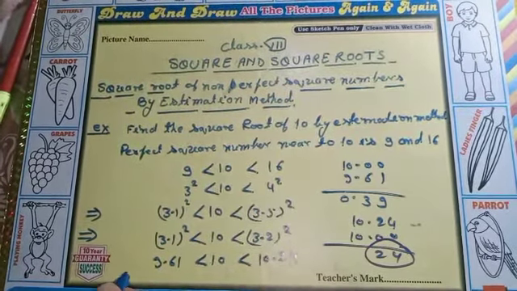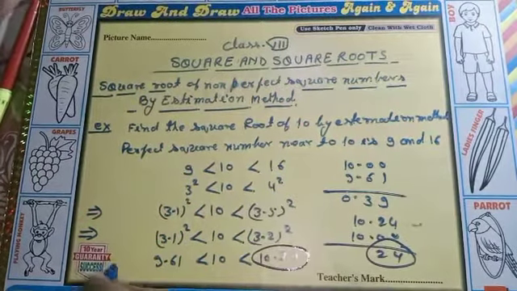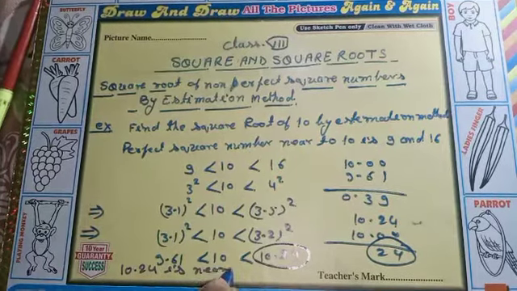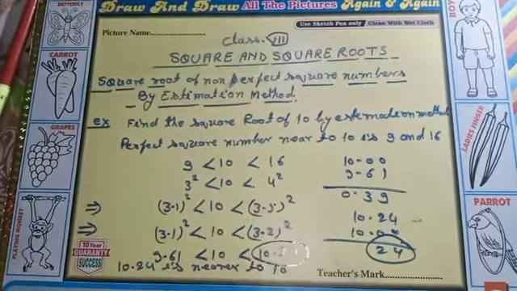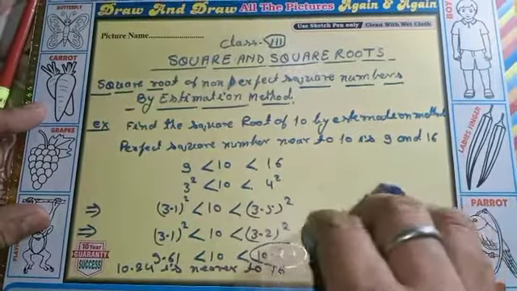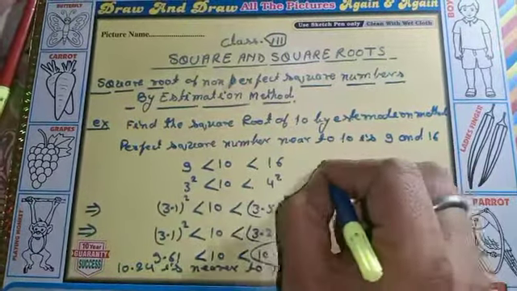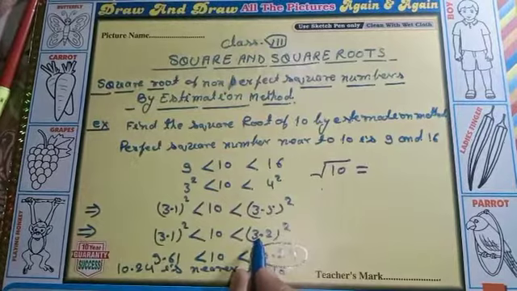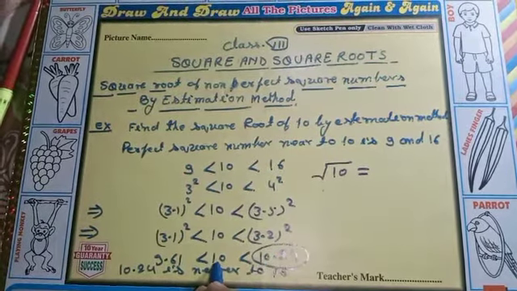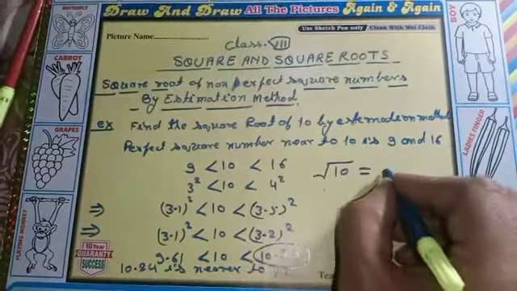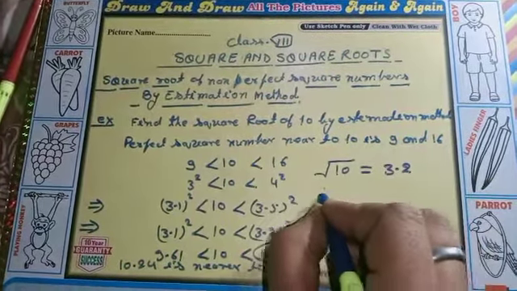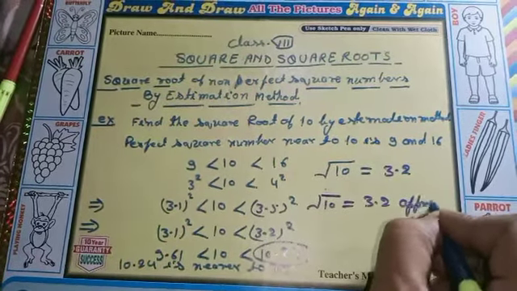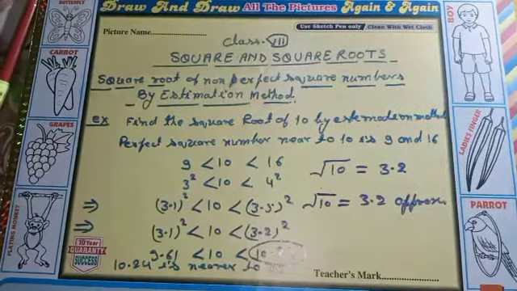So the square root of 10 is nearer to 3.2, because 10.24 is the square of 3.2. So the square root of 10 is approximately 3.2.